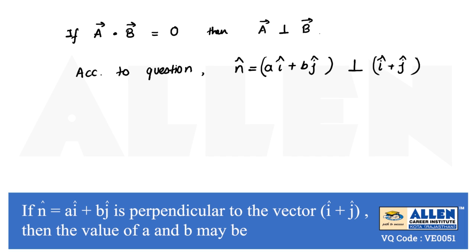Therefore, the dot product of these two vectors should be 0. So, we will take the dot product of a i cap plus b j cap with i cap plus j cap.